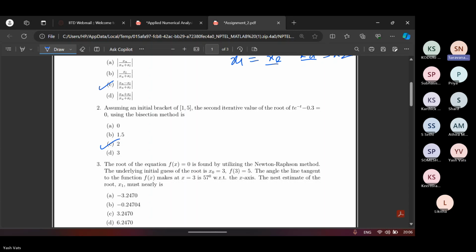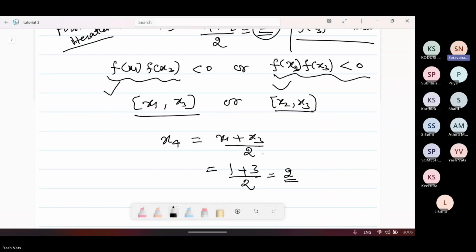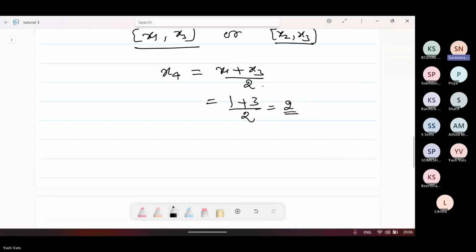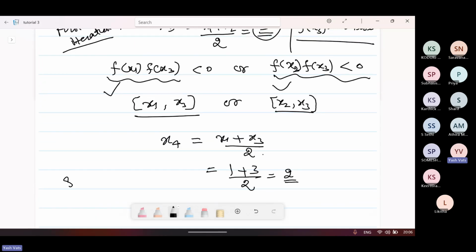Up to the initial bracket, the second iteration is, yes, we have to complete up to the second iteration. So finally, do we have to find f of 2 also, or f of x4 also? No, it's second iteration, so x3 is the final answer.